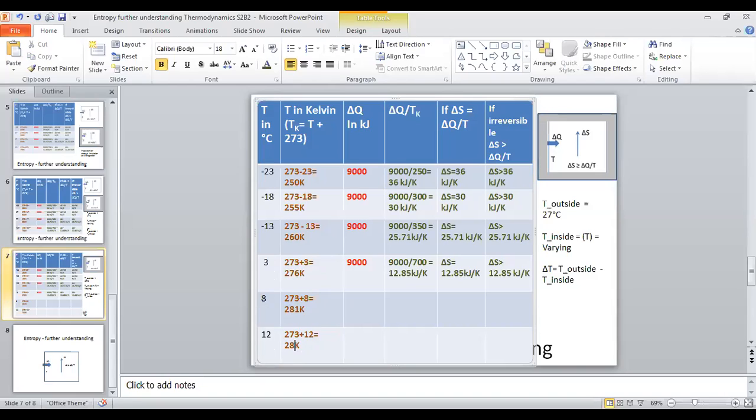But anyway, even a decimal point matters when it comes to entropy.